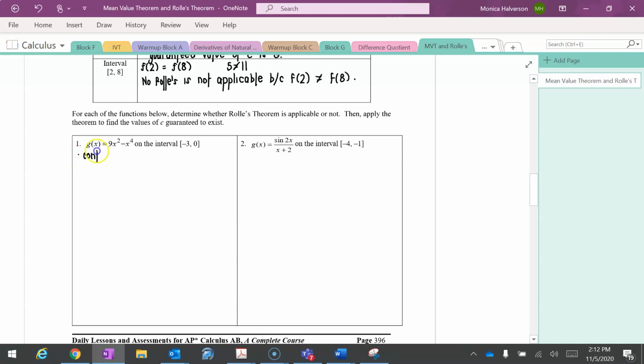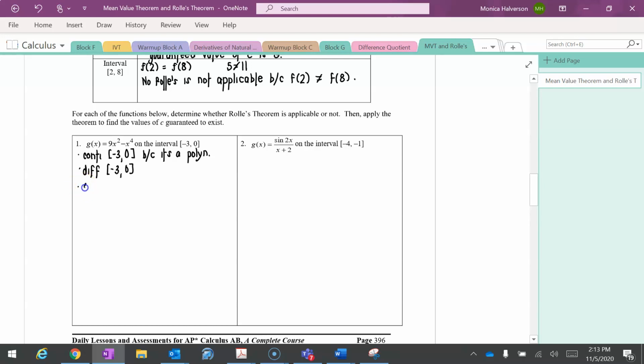So we can say it is continuous from -3 to 0 because it's a polynomial. And we know it's going to be differentiable in this interval because there's no cusp located. So the first two conditions are met.